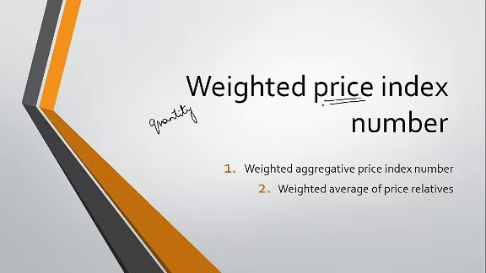When you learn weighted quantity index number, you assign the opposite: for the quantity, we assign price as weights.